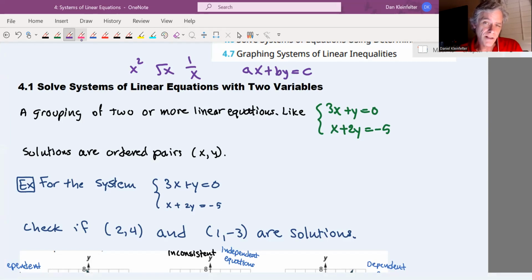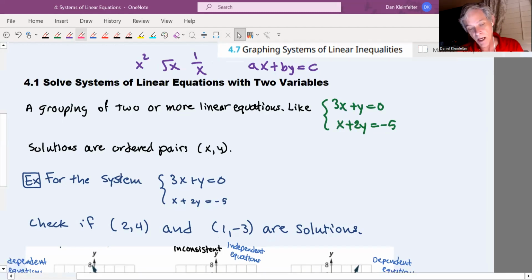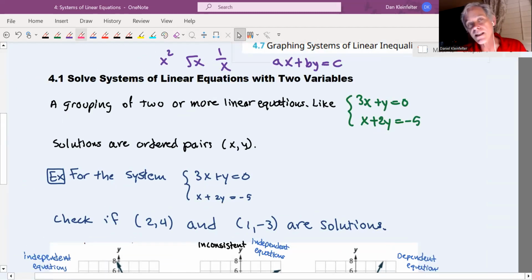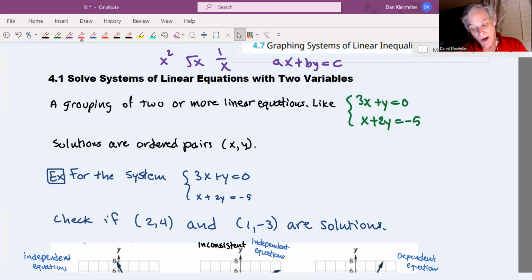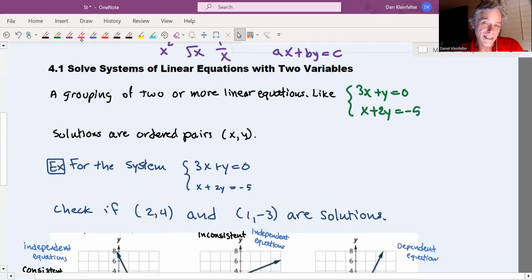Throughout this video, I'm just going to say system of equations instead of system of linear equations in 2 variables, just to make it shorter and easier to listen to. So keep that in mind whenever I say system of equations in this video. All right, our goal in this section is to find the solutions to a system of equations.